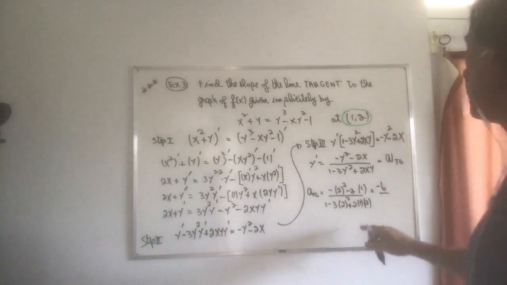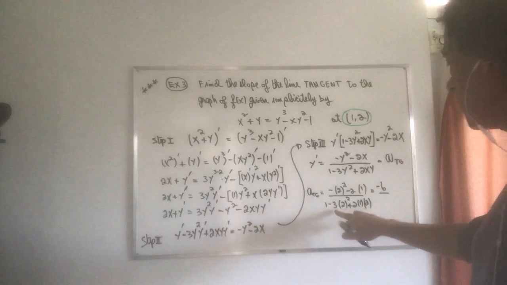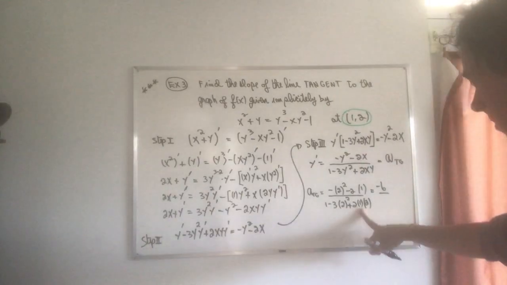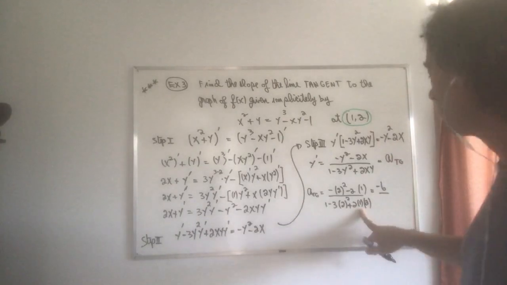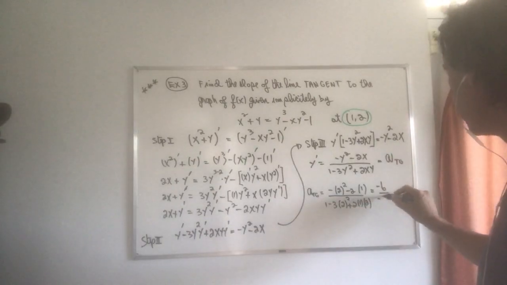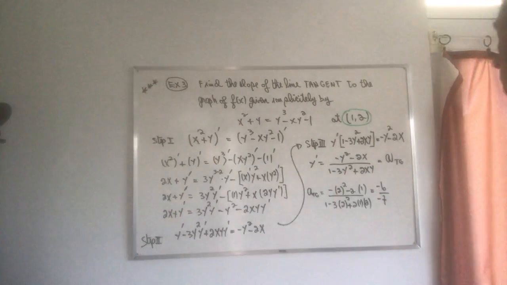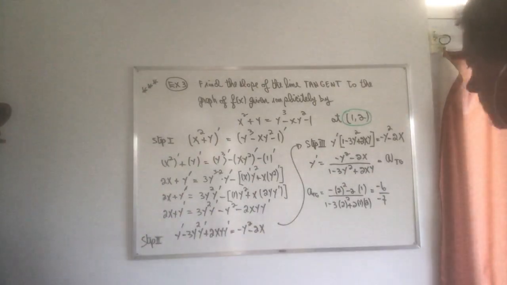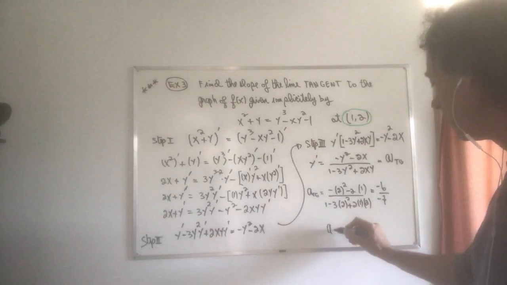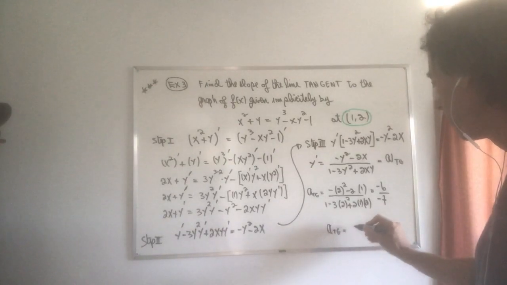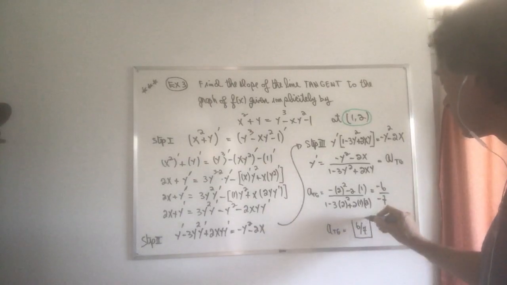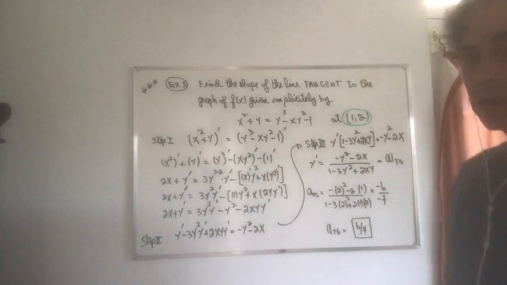And I guess the bottom is 1 minus 12, that is minus 11, and minus 11 plus 4 is minus 7. So final answer, the slope of the tangent line is 6 over 7, because we can cancel the negatives.